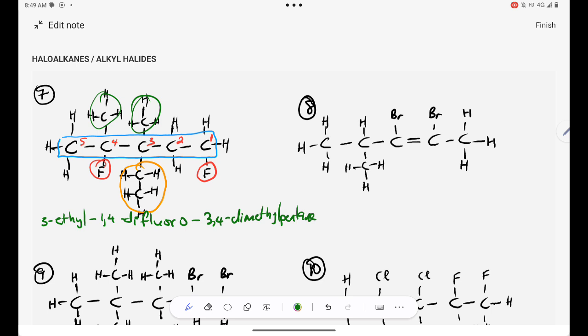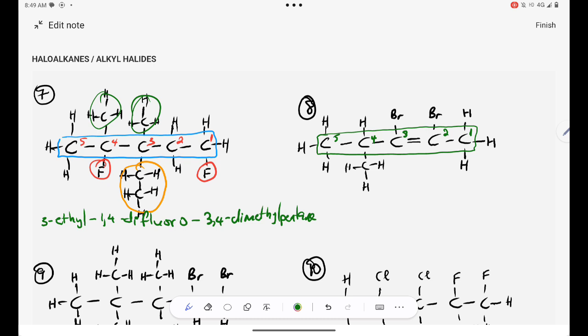Okay, number 8, guys, it's a haloalkene because we have a double bond. Whenever we have a double bond, guys, we'll start numbering from the carbon which is closer to the double bond. So this will be carbon number 1, carbon 2, 3, 4, and 5.